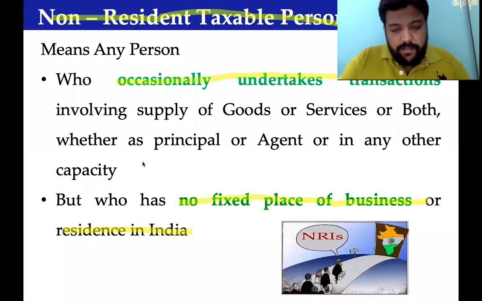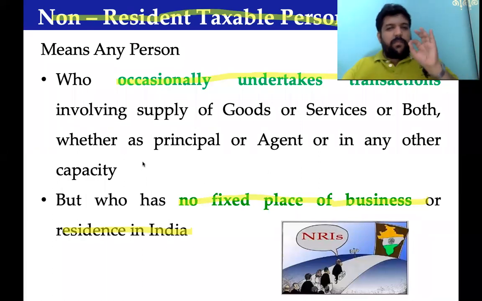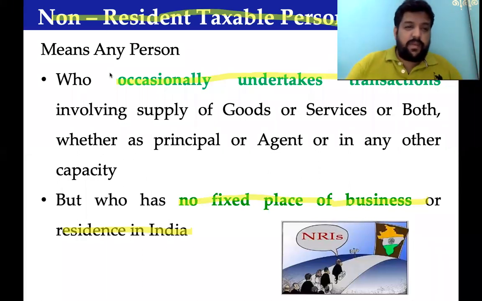She came for a 5-day sale in the business fair. So is she a normal taxable person, casual taxable person, or non-resident taxable person?